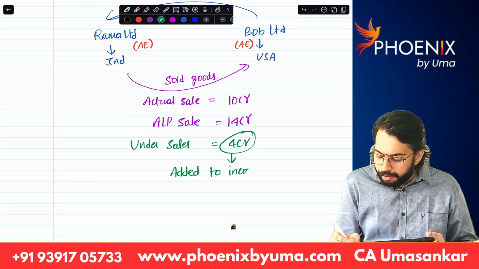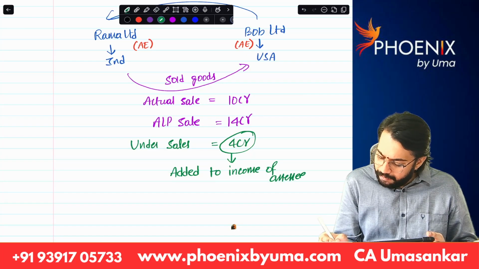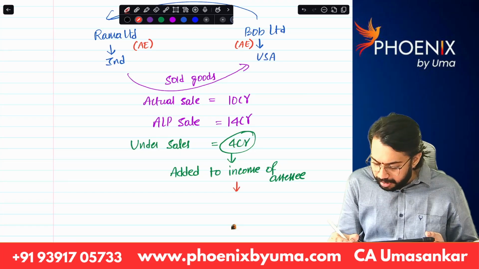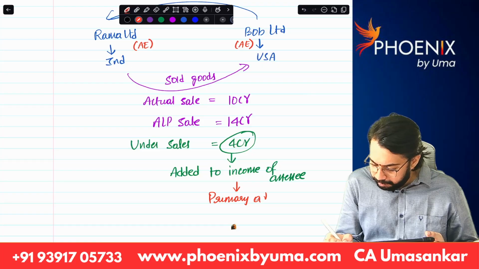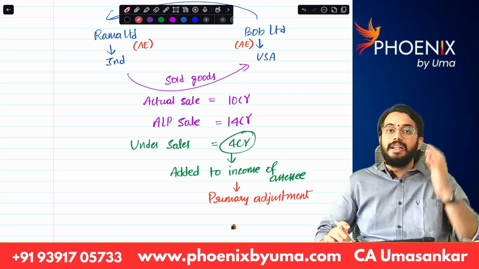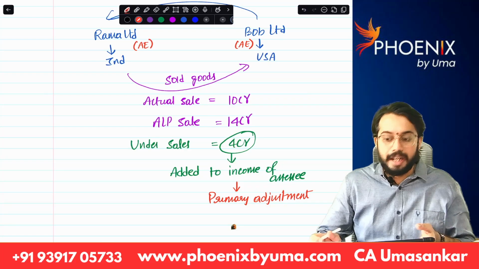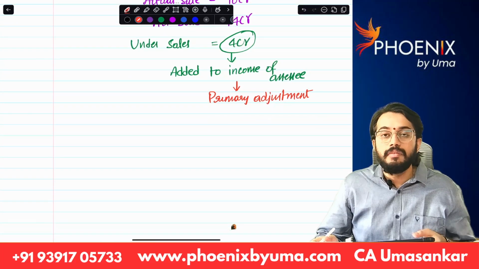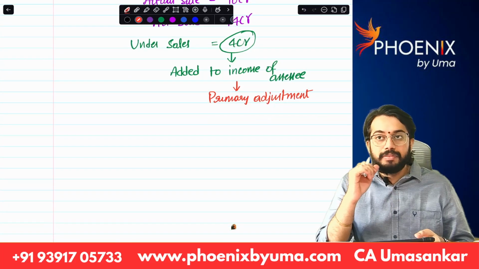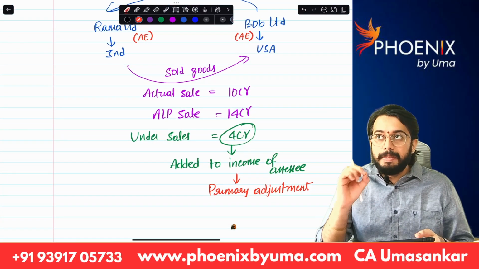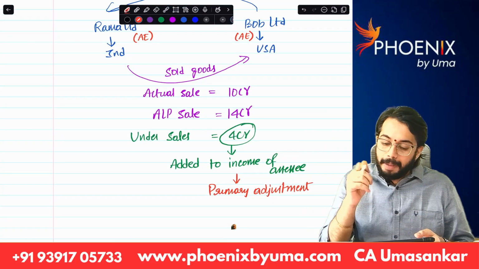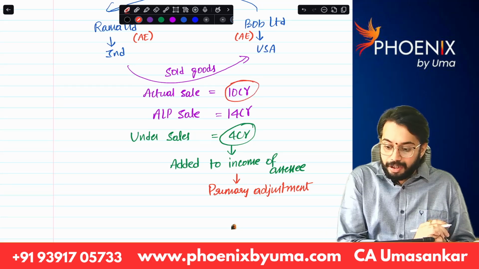Now, whatever 4 crores added to income of SSC is there, this we call as primary adjustment. Did you understand? That 4 crores we call as primary adjustment. Now, the point is, actually goods should be sold for 14 crores, but goods are sold only for 10 crores.